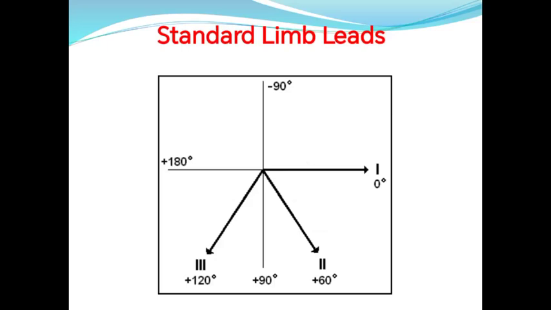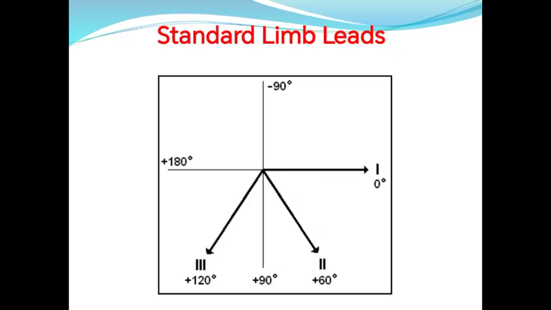If we see here, the limb lead 1 from the Einthoven triangle lies on positive 0 angle, lead 2 on positive 60 angle, and lead 3 on positive 120 angle.